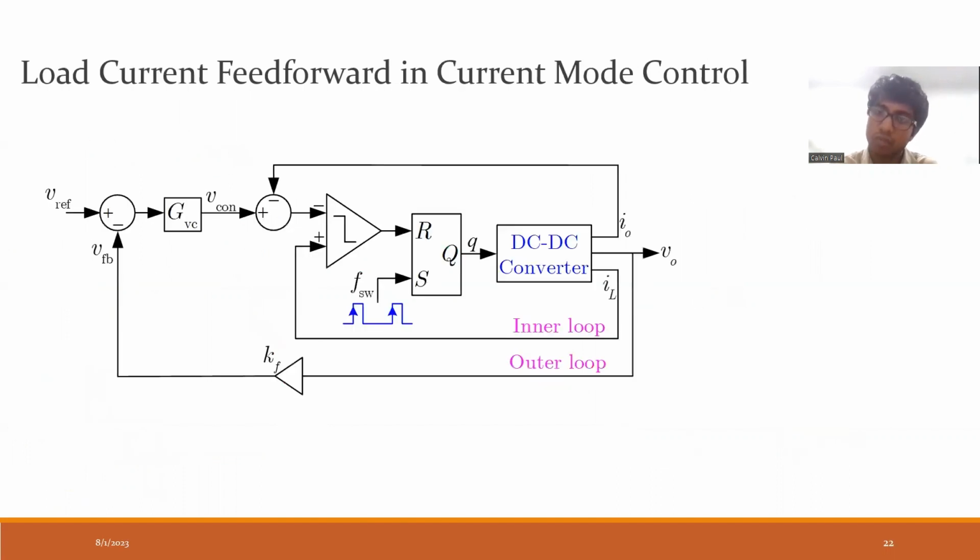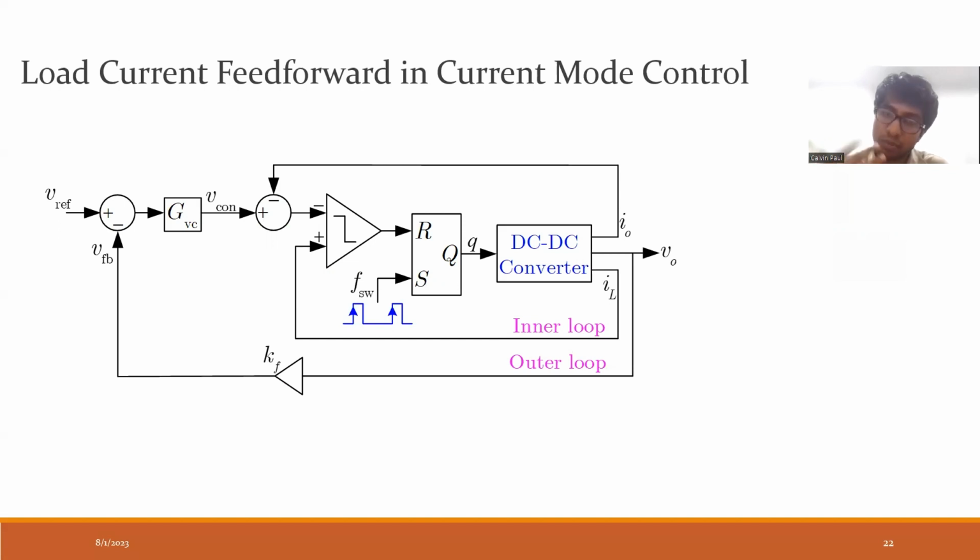For current mode control, changes in the output load current, I output, will cause a dip in the output voltage. It is susceptible to that. It can handle variations in input voltage well, but for variations in output load current, the performance is inferior.